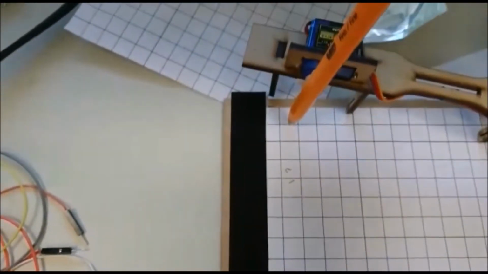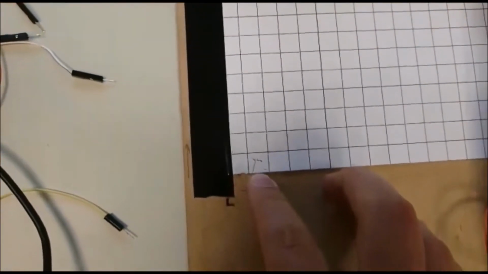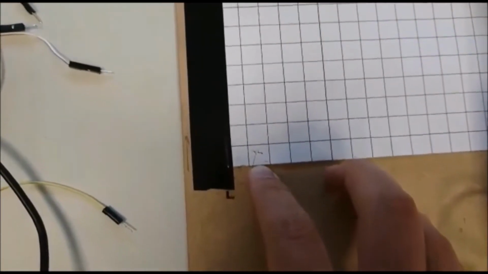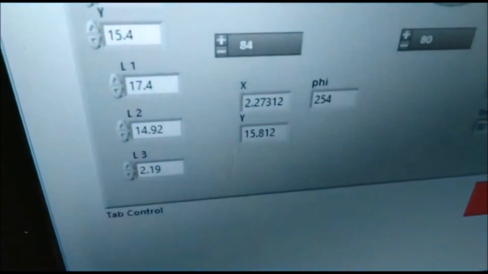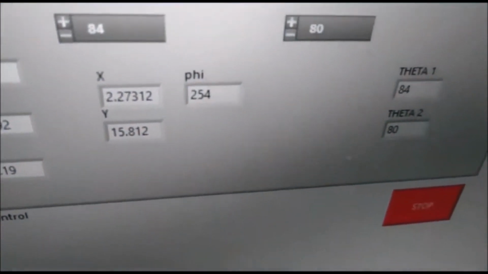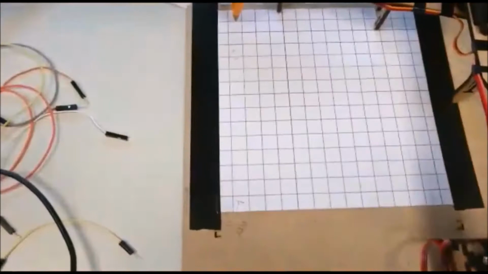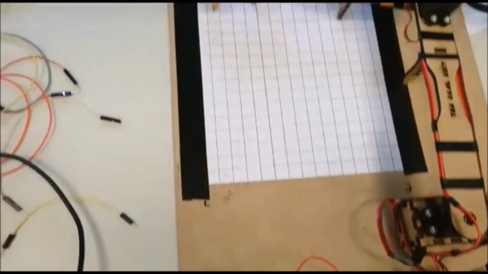We can see that more or less the x-axis is near the 2. It has a little trouble, but it's nearly there. And we can see that the y is at 15, almost 16, but this has to be like with the error signal we have here.